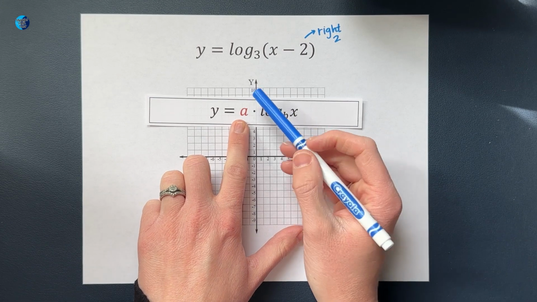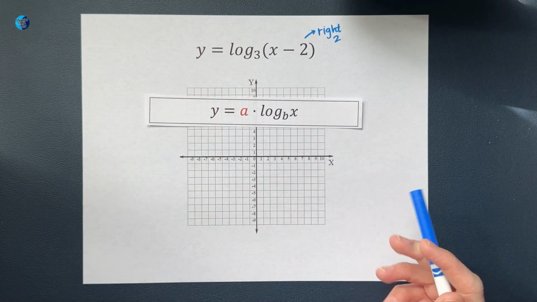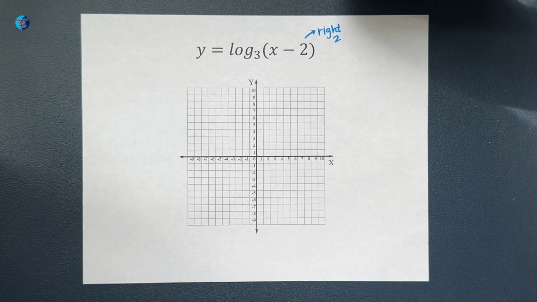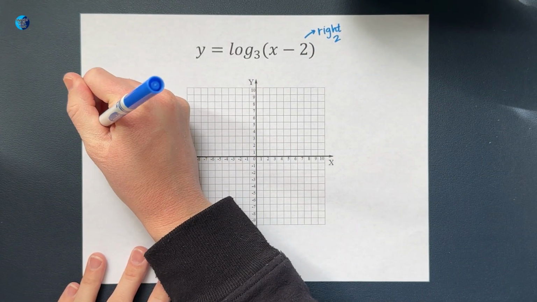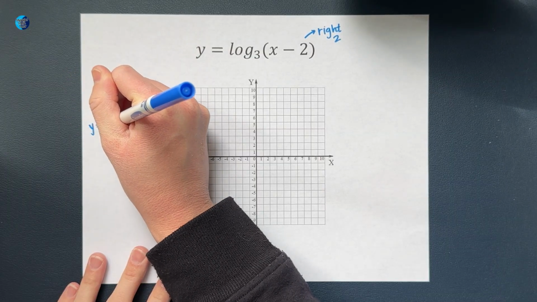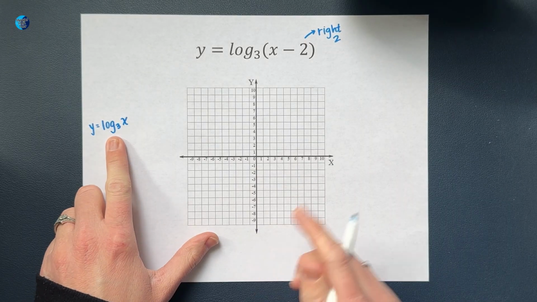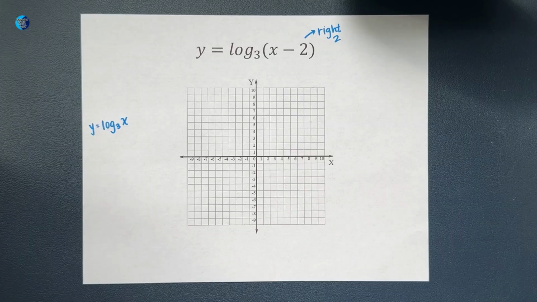Now we would also like to take into account if there were a number being multiplied out front. There's not in this one, so we don't have to worry about it. So my parent graph that I am going to graph and then shift to the right 2 is going to be y equals log base 3 of x. I'll graph that, shift it to the right 2, and that will be this graph.